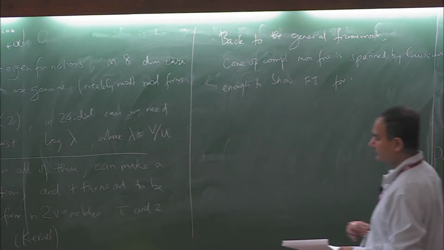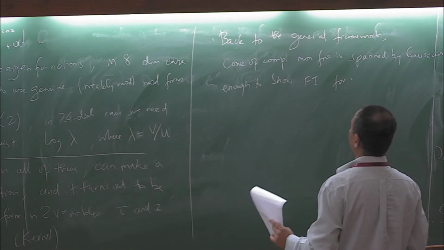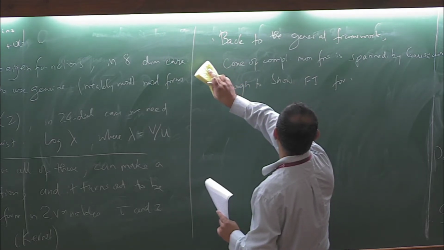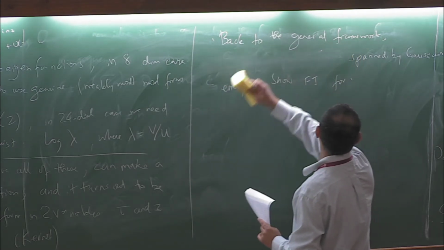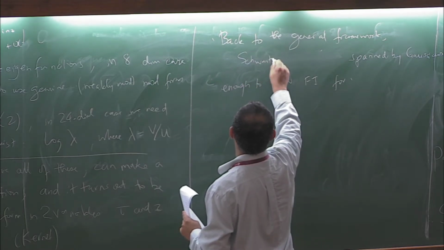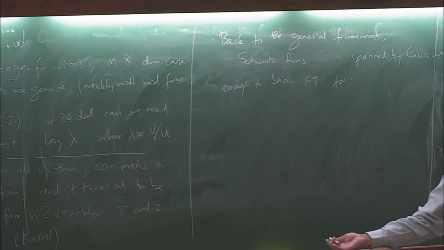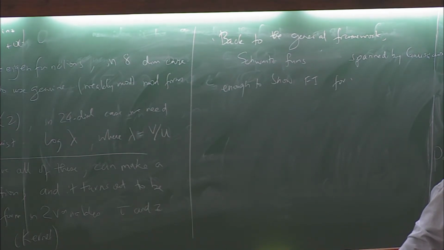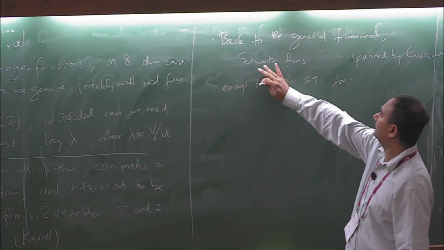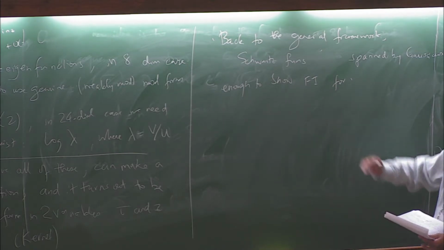Let me just say that the Gaussians actually span Schwartz functions. Because the Fourier interpolation formula doesn't care whether you have a completely monotonic function or not. It's applicable to any Schwartz function. So in fact, if you're not looking at the cone, you're just looking at the linear space, they span all the Schwartz functions.